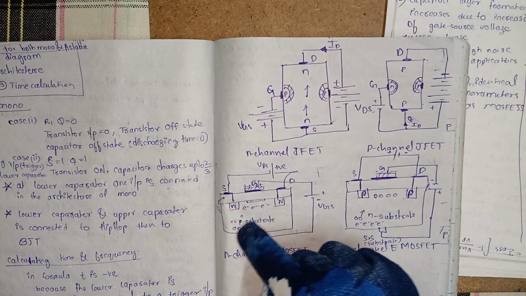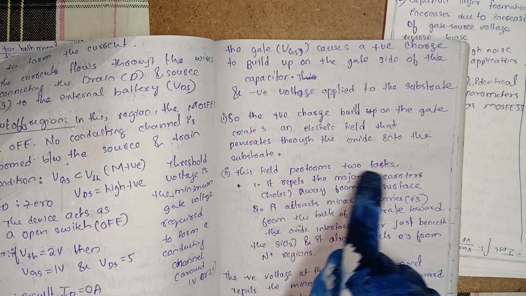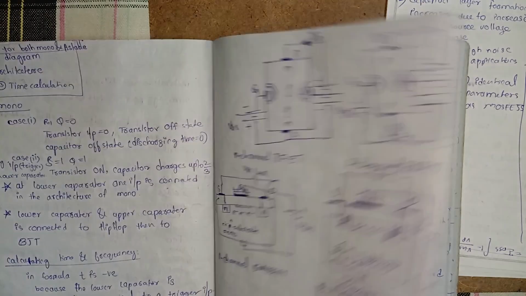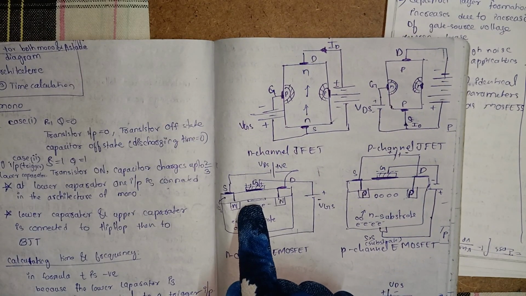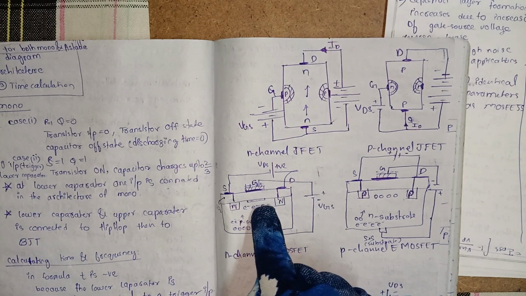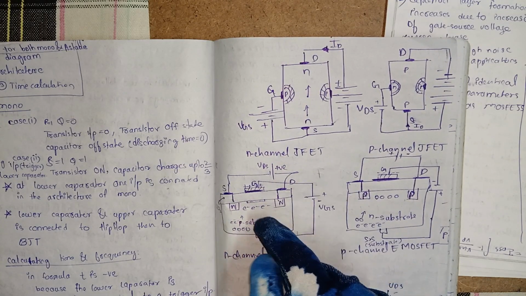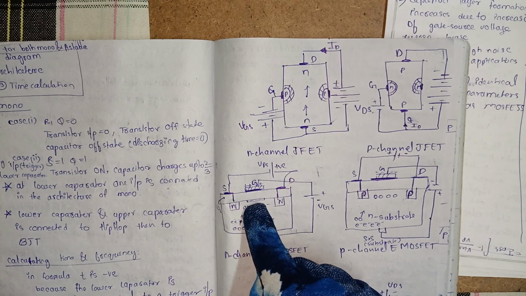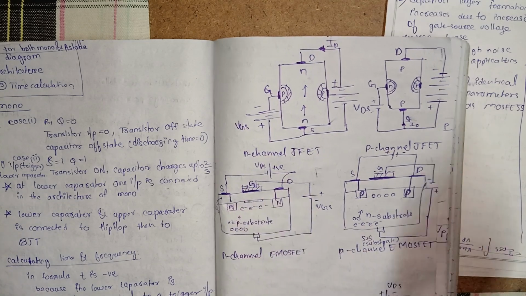This field performs two tasks. It repels the majority carriers away from the surface. Majority carriers is what? Holes. It repels the holes at the area just beneath this silicon dioxide, okay.